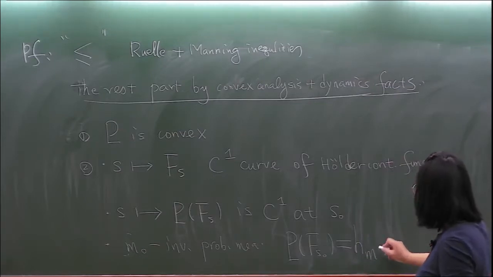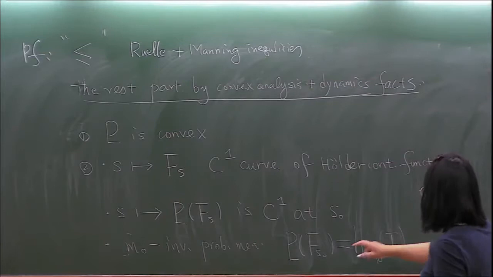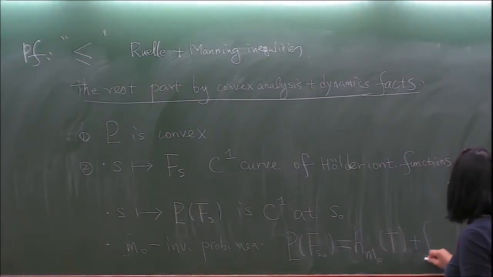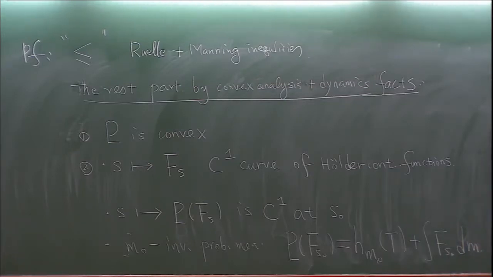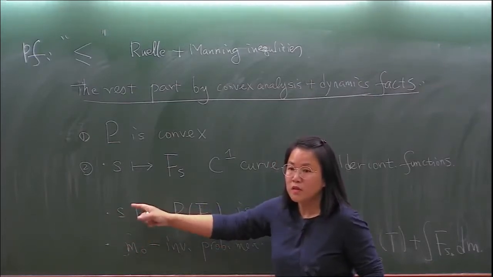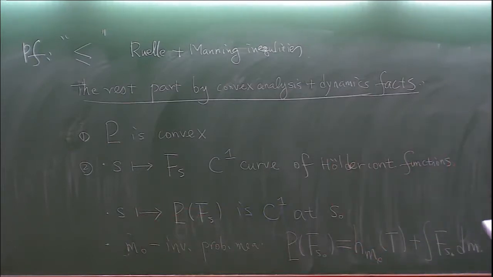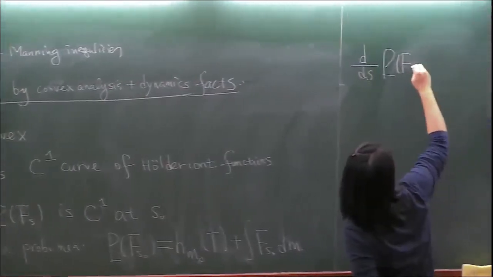So it's an equilibrium state if this mu naught is the equilibrium state for Fs naught. Okay, so the conclusion is that you see s equals s0. This is the curve.